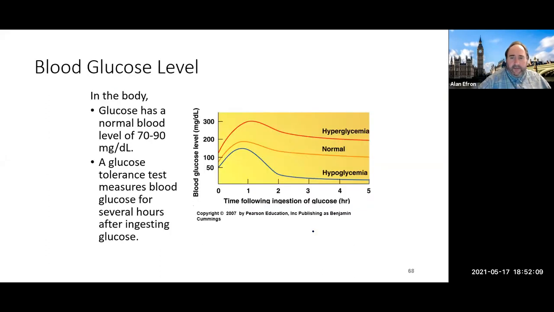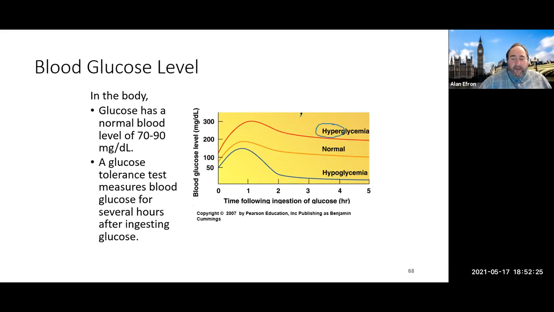We sometimes do measure our glucose levels in the body, a sort of normal range. And obviously, if you're not within that normal range, you're too high, which is what hyper means.